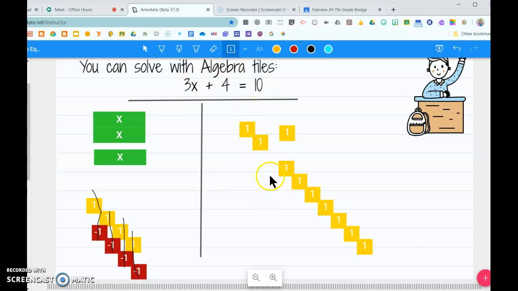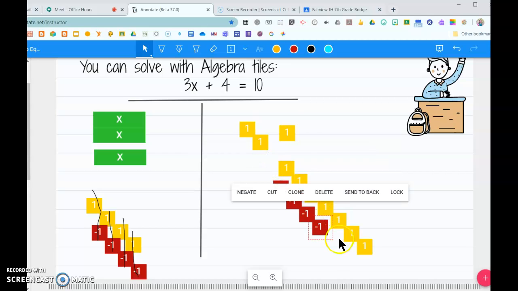So what I do to one side, I have to do to the other. So if I subtracted 4 here, then I also have to subtract 4 here. So that creates more zero pairs on this side. This is a zero pair, this is a zero pair, this is a zero pair, and this is a zero pair. So technically I could erase all those and get them out of the way.